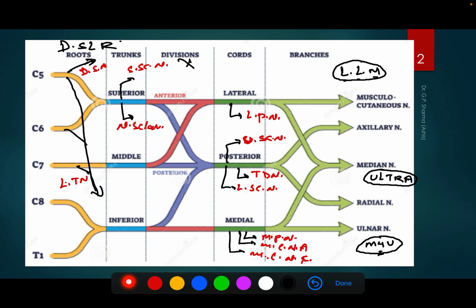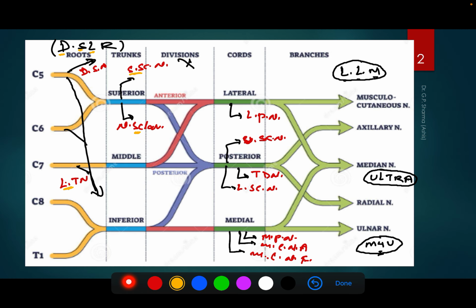From this DSLR, D is for dorsal scapular nerve, and S you can use for suprascapular nerve and nerve to subclavius, right? So this is for S. And L is for the long thoracic nerve, right?